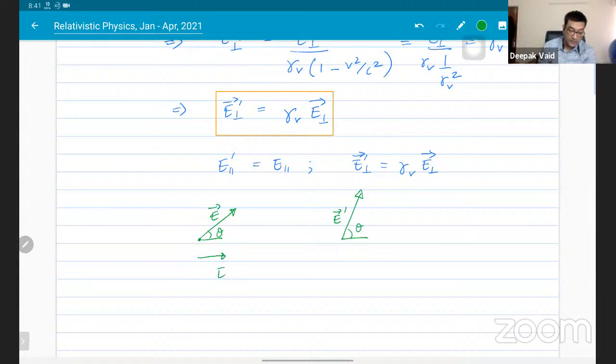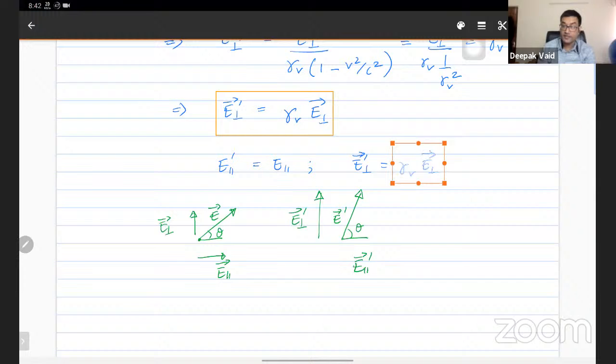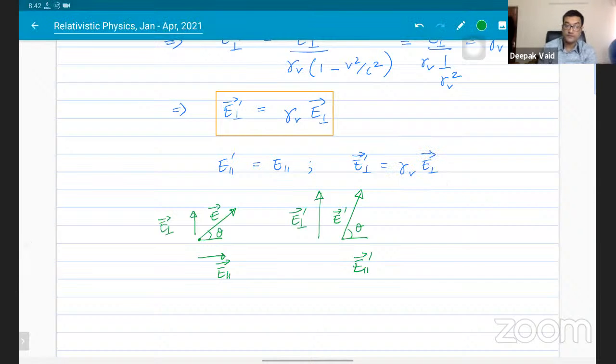Because the parallel component doesn't change, but the perpendicular component is dilated by a factor of gamma. Okay. So this is the expression for the electric field.